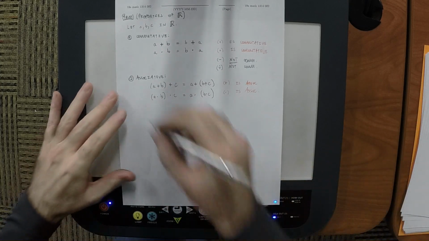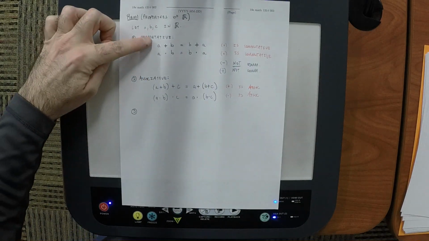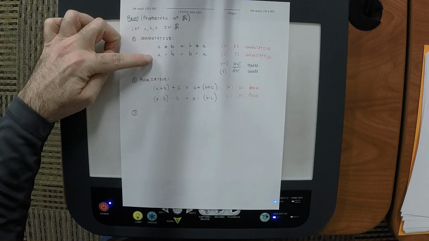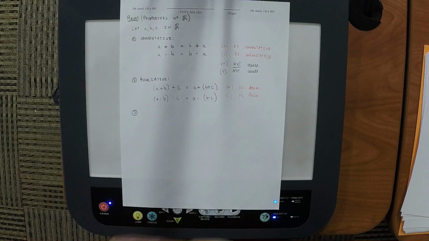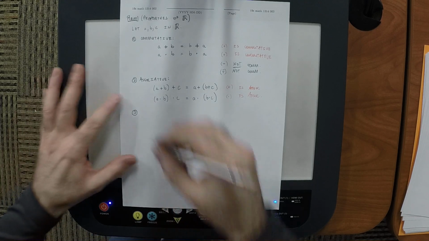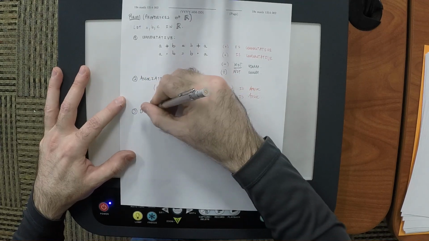So now the first two each line was only about add or only about multiply. Now we need to say how these things play nicely together. The name for the way that they play nicely together is called distributive.